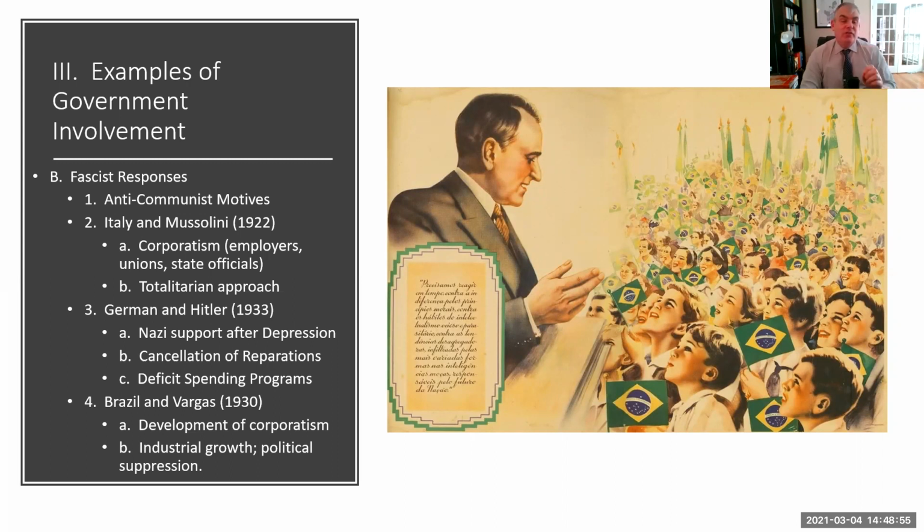However, Vargas is also going to put out political suppression. Other political parties and political opponents are going to be silenced, and we'll get propaganda pictures like this one to the right. And I happen to write down the quote that you see, and this gives you an idea of the type of totalitarian approach.